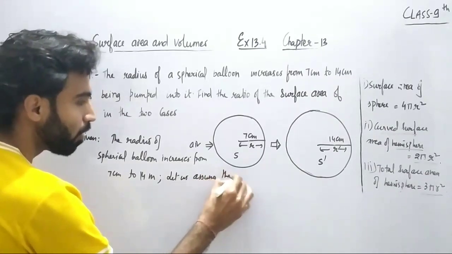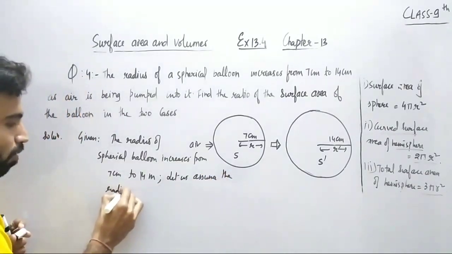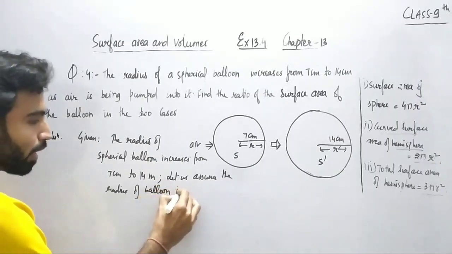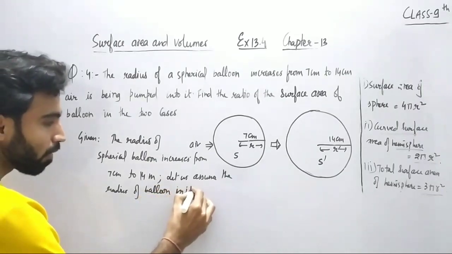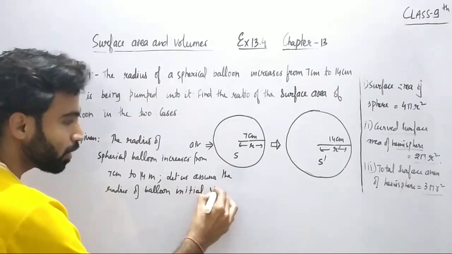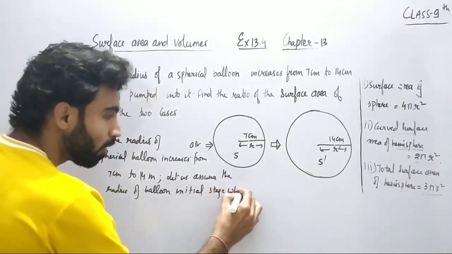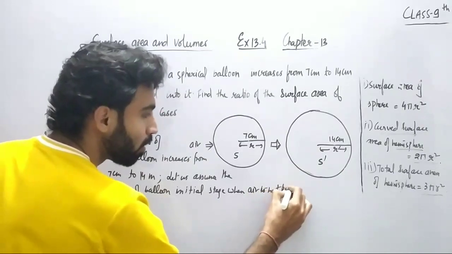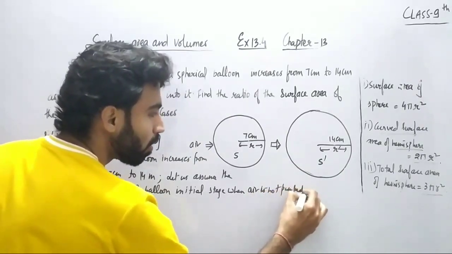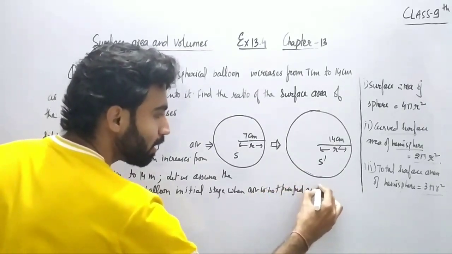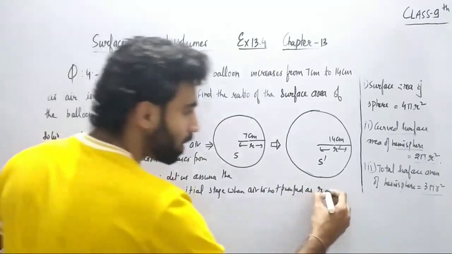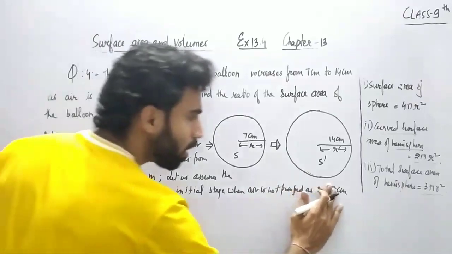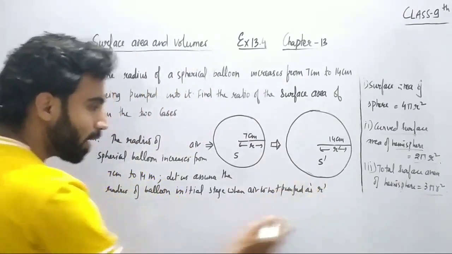assume the radius of balloon initial stage when air is not pumped as we can see r, and that is equal to 7 centimeter, right? So you can write it as r, right?